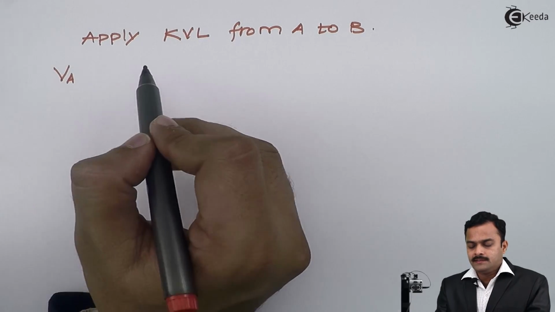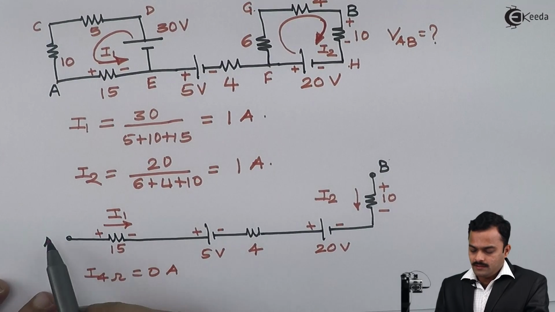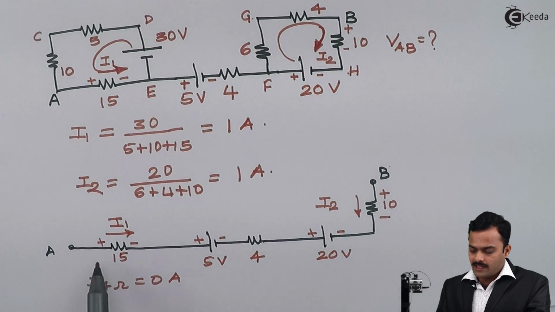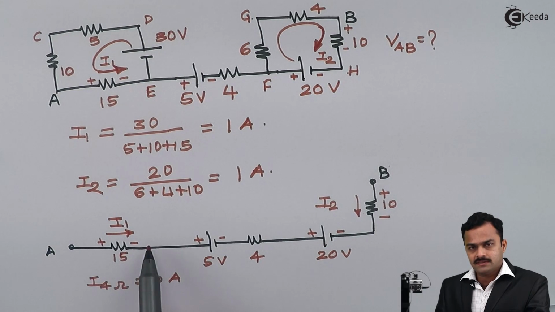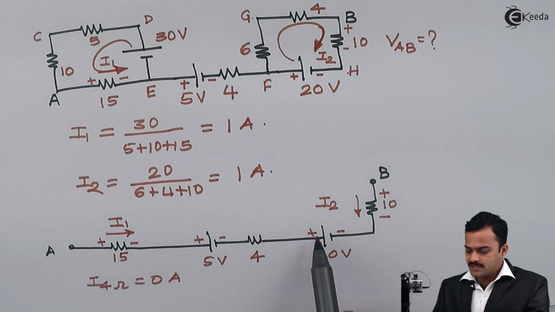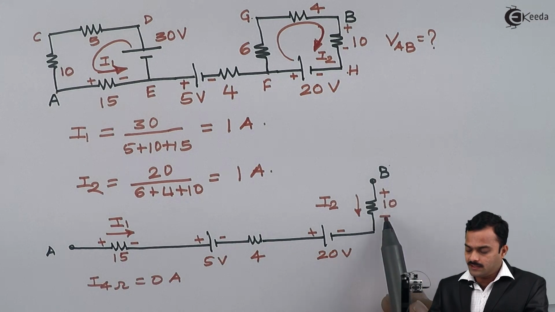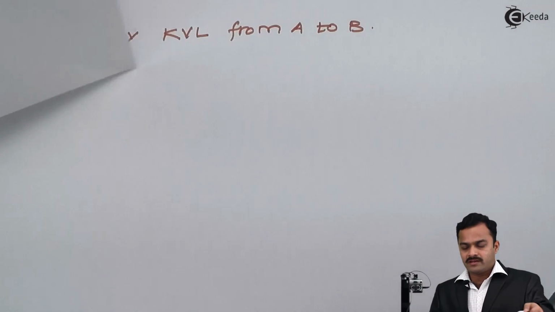And now in the direction from A to B, I will have a potential difference for this 15 ohm as a voltage drop, because in this direction it is plus minus, which I will consider as a drop. Same way here, plus minus, and only for the 10 ohm it is a voltage rise, because in this direction it is minus plus.